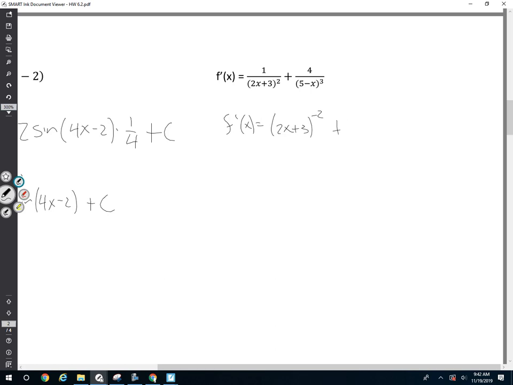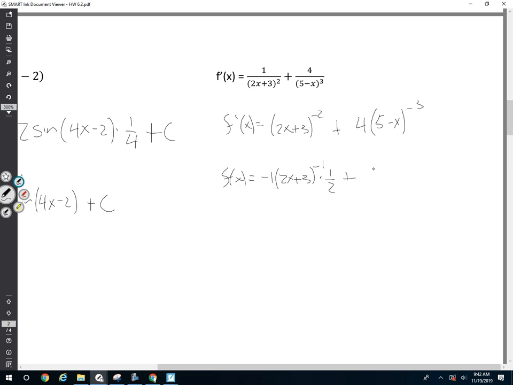Logs only work for x to the first in the denominator. Instead, we can use the power rule. Take the antiderivative of the outside, it'd be 2x plus 3 to the negative first times negative 1. Don't forget to multiply by the coefficient of x from the inside. So I need a 1/2 there.